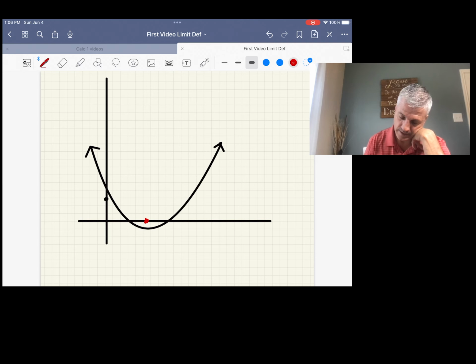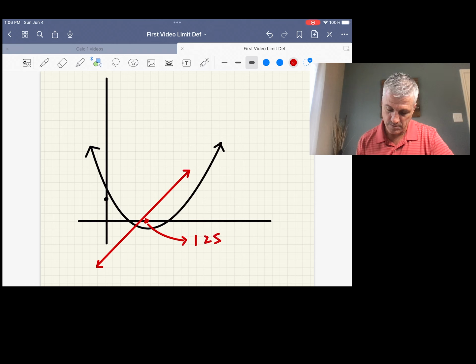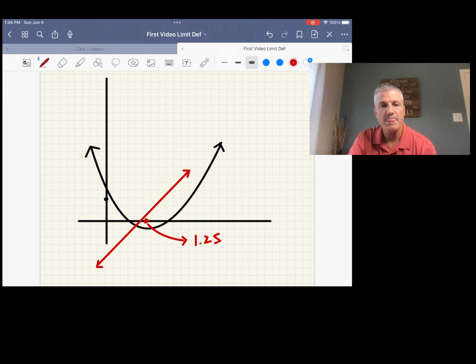And so this function would look like this, right? For some reason it moved over, but at any rate, it crosses right there at 1.25. Okay, so this is how we can use the limit definition of the derivative to find a derivative.